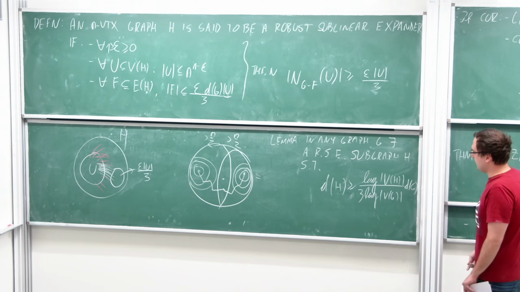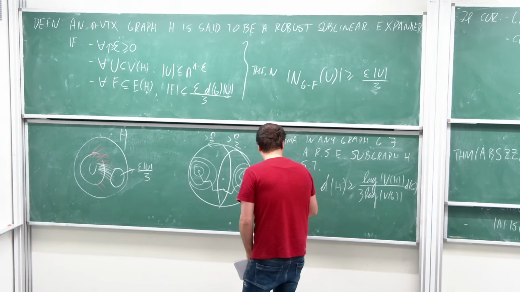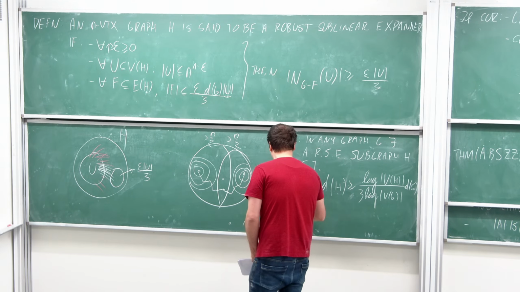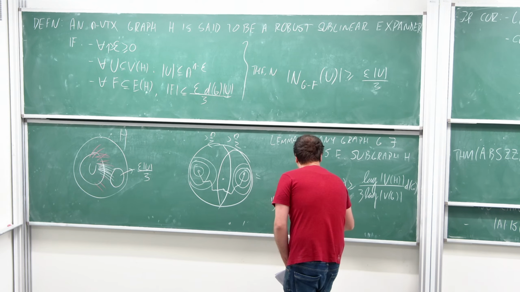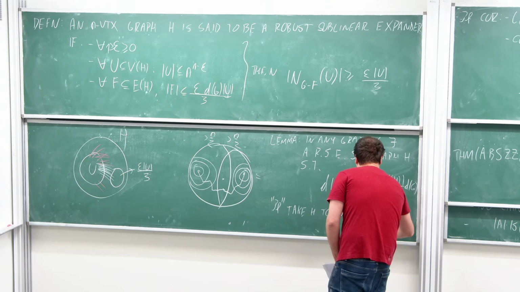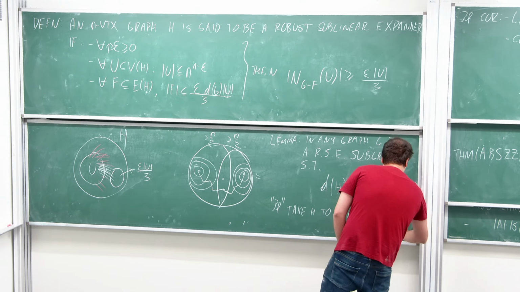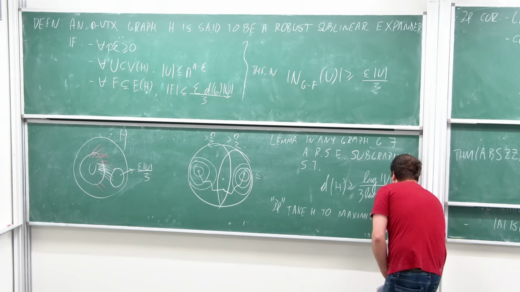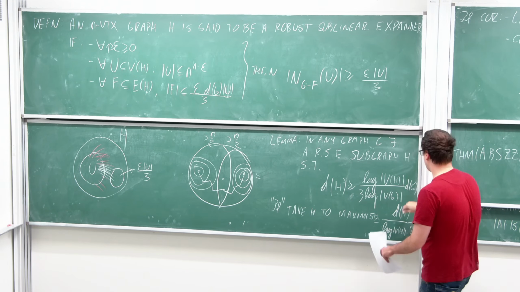And the rough, nice idea of how to find this is that you take H to maximize the average degree of H over the log number of vertices in H minus some kind of correction factor, which I'm not going to explain.